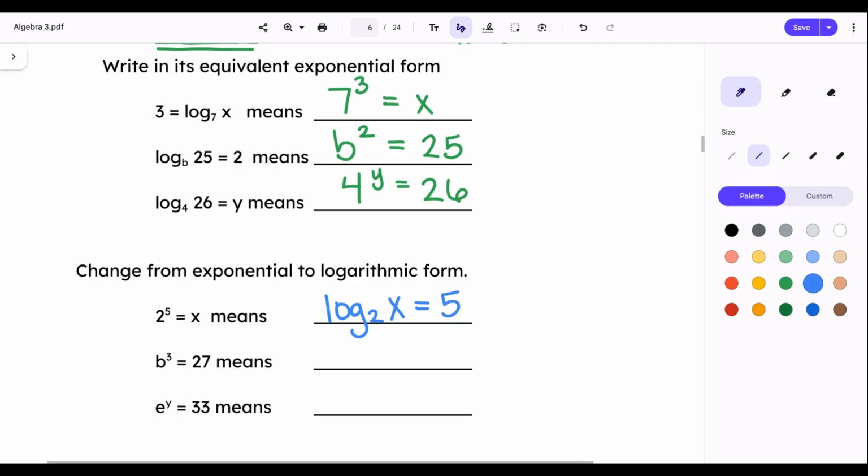Okay, how did you rewrite this next one? Good, perfect. How about the last one? Very good. Okay, we get the hang of how to go back and forth there. All right, let's go ahead and turn our page here.